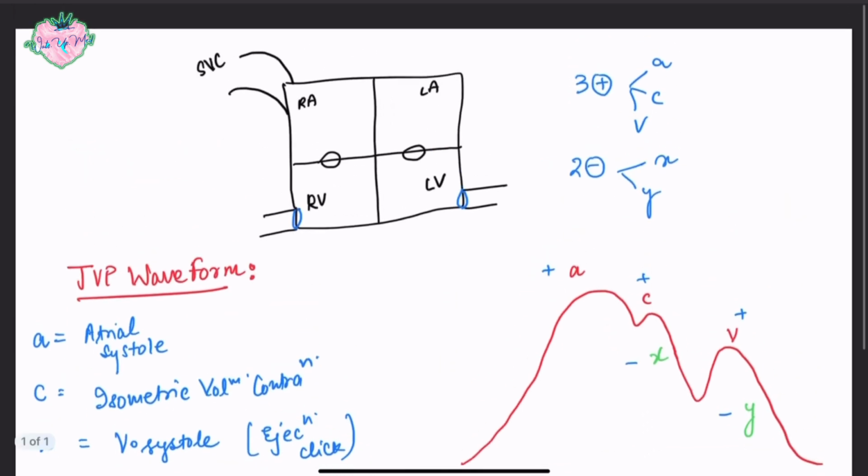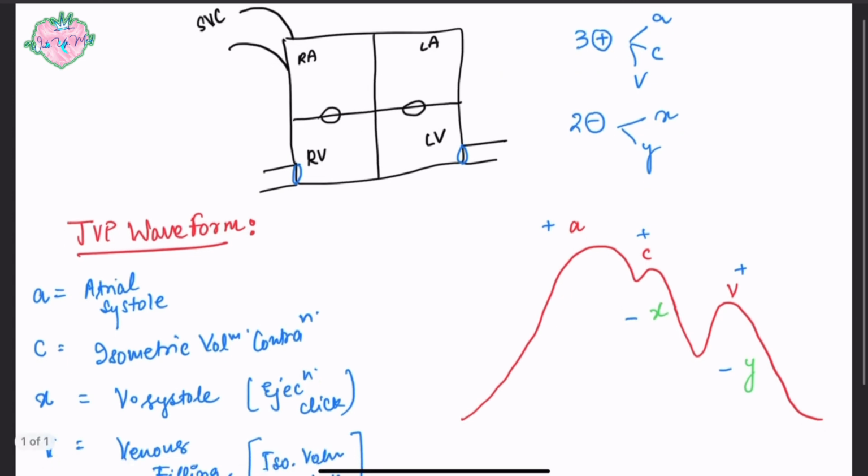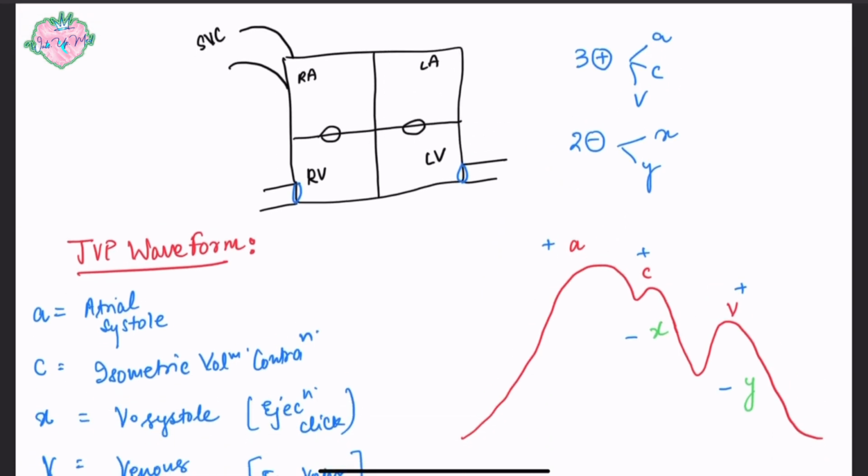Now we will learn step by step what happens in our heart to show the JVP. When we talk about the A wave, it's the plus or rising wave. So what might be the reason for this? It is the wave which measures the pressure of the right atrium during systole. The atria contract and push the flow of blood to the ventricle via the tricuspid valve.